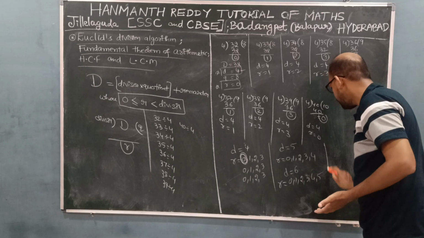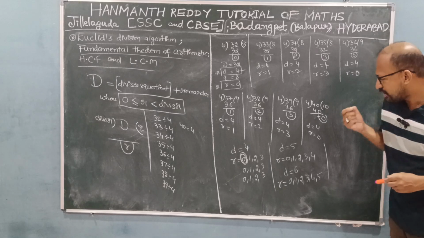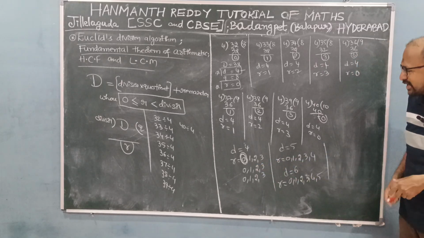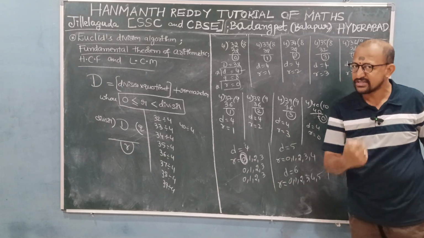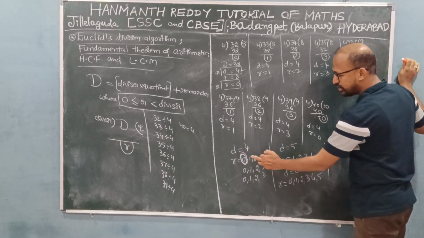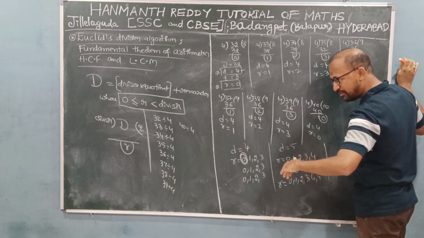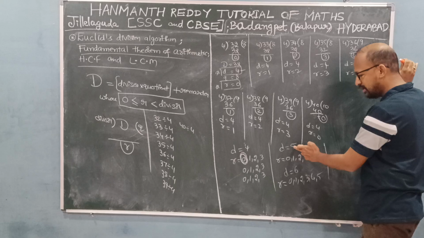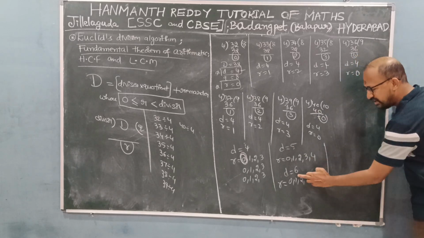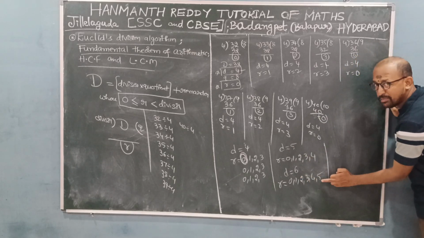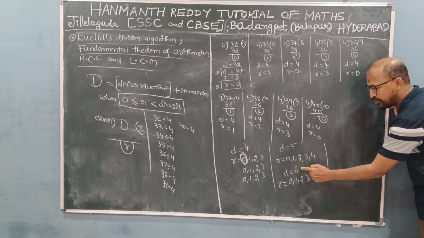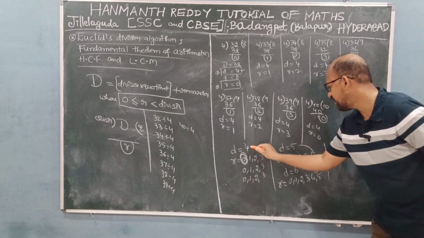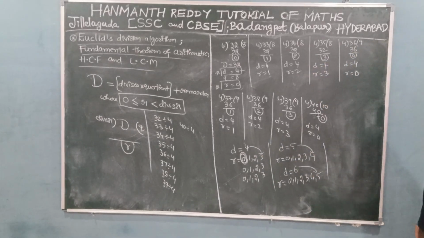So the minimum remainder is 0 and the maximum remainder is always 1 less than the divisor. If the divisor is 4, the maximum remainder is 4 reduced by 1, which is 3. If the divisor is 5, the maximum remainder is 4. If the divisor is 6, it is 5. Reduce 1 from the divisor; that is the maximum remainder.